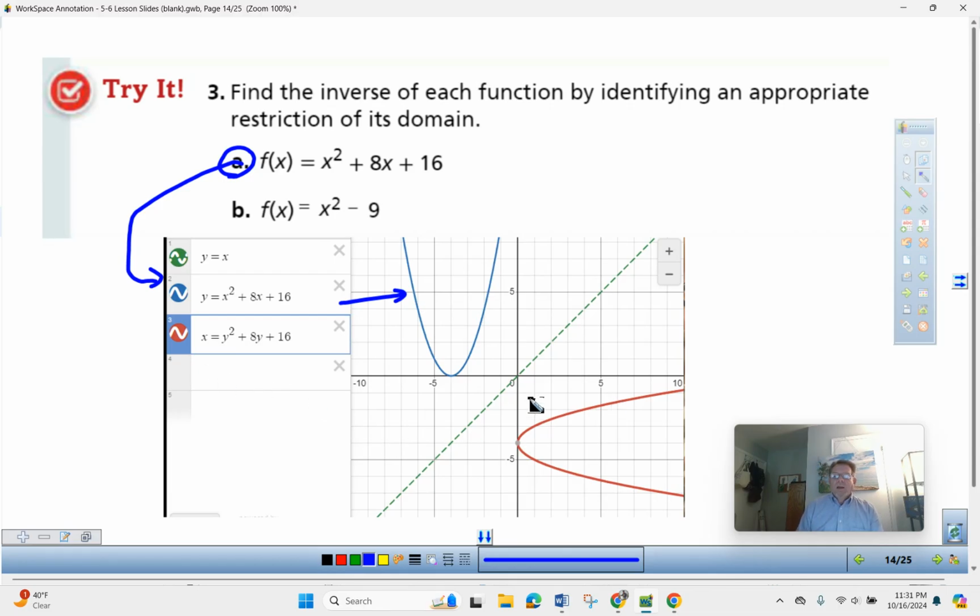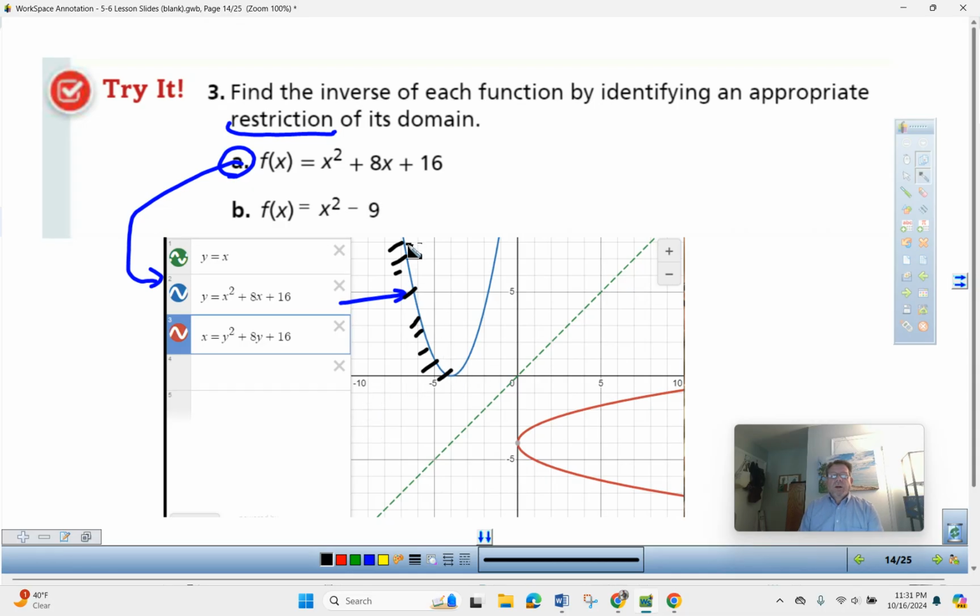All right, so how did I get this to graph? Does that not look like the inverse? It sure does. But that's a problem. This is not going to be a function. So they say, how can I restrict the original's domain? So what we're going to do here is cut off that part right there.